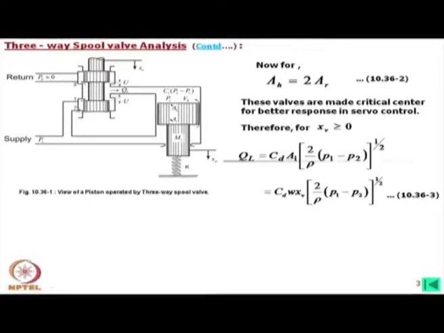Here is the P2 and here is the P1. Remember, P2 is not equal to P0, P2 is the pressure here and P1 is the pressure here.